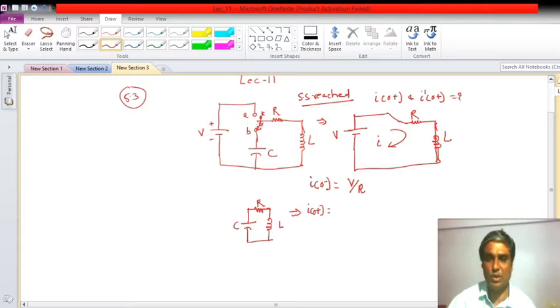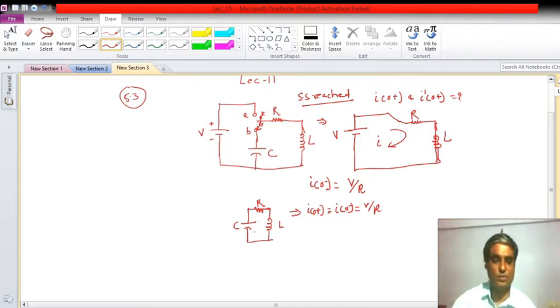By the law of continuity, I of 0 positive will also be equal to I of 0 negative, which is V by R, because initially the capacitor will be short circuited. As we know, when the switch moves to B, the capacitor acts as a short circuit.